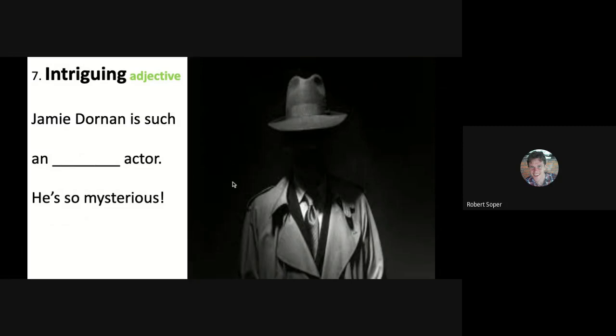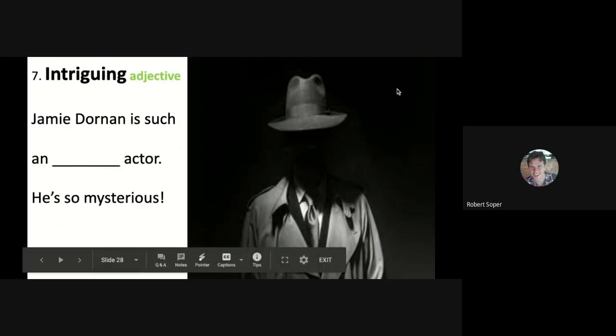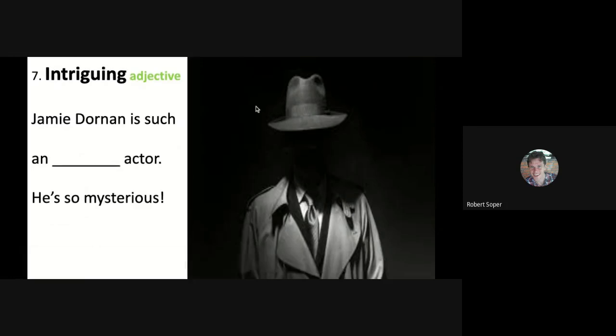So looking at this image over here of this actor, what is intriguing about him? Well, who is he? This is not the way people usually appear. What does his face look like? Is he human? What's going on? This is an intriguing image. It makes us kind of ask questions about it and go, wow, this is so mysterious.